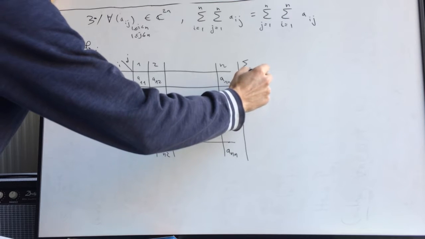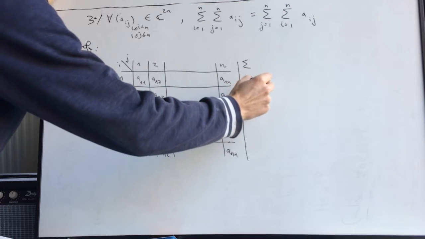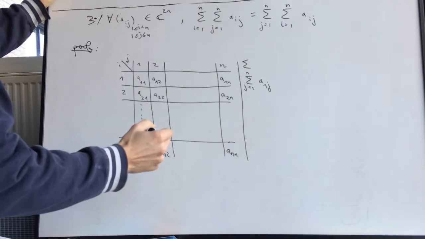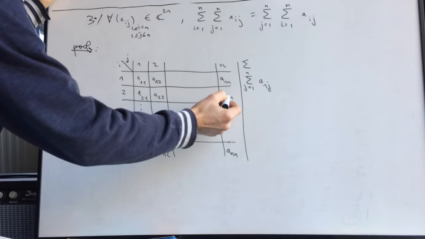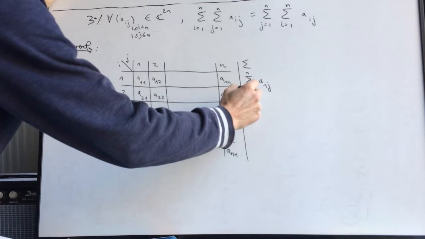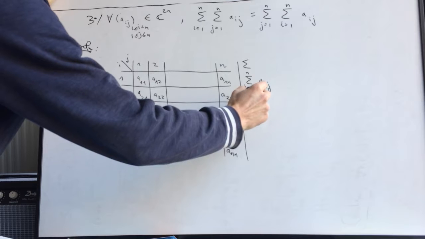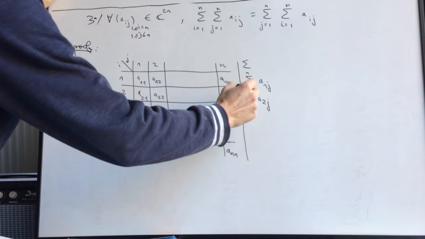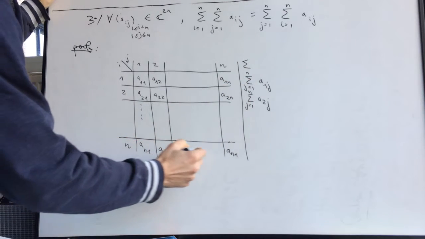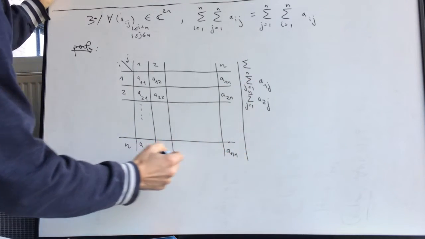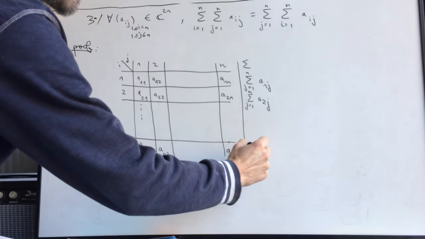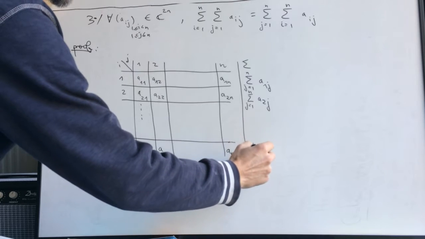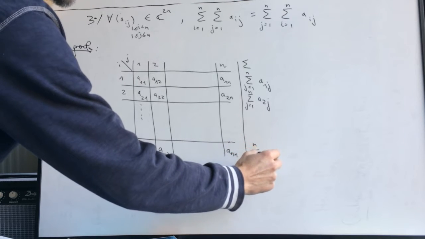It's equal to the summation of a sub 1j when j is going from 1 to n. When we sum all the terms of the second line, we obtain the summation of a sub 2j when j is going from 1 to n. And when we sum all the terms of the last line, we get the summation of j equals 1 to n of a sub nj.